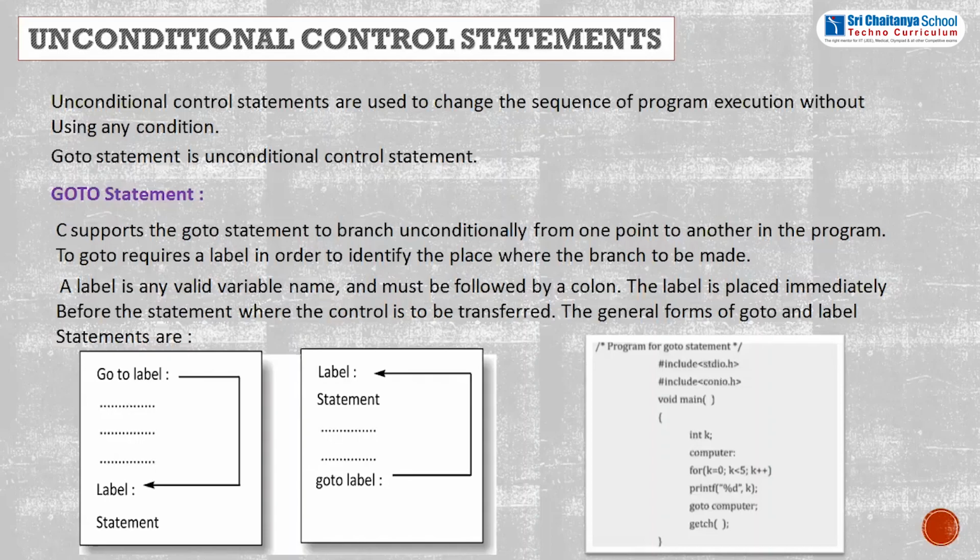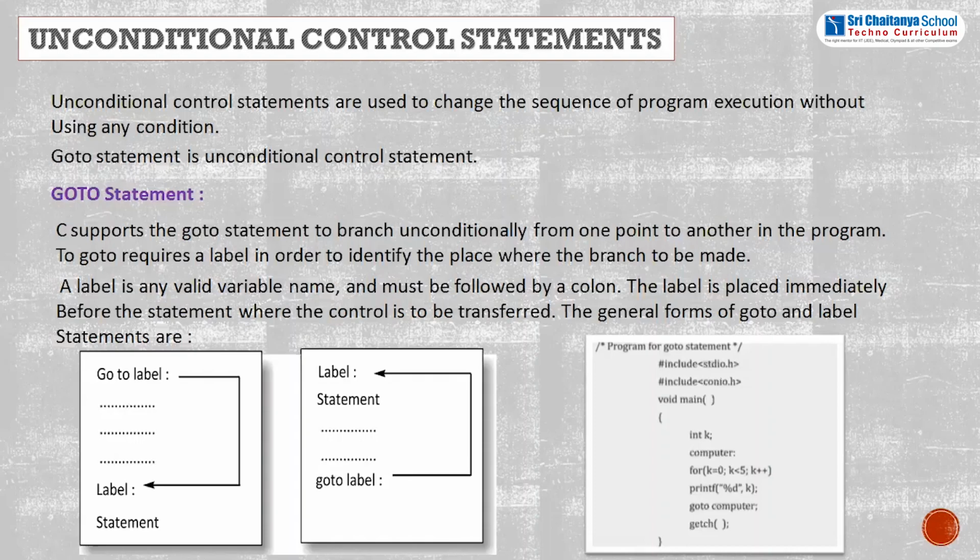In the example given there, we are going to have a label called computer. First is the declaration section. After that, they start the main function and declare a variable called k. Immediately after that, they keep a label called computer. And what are the statements included within it? For k is equal to 0, k less than 5, k plus plus, printf %d k.